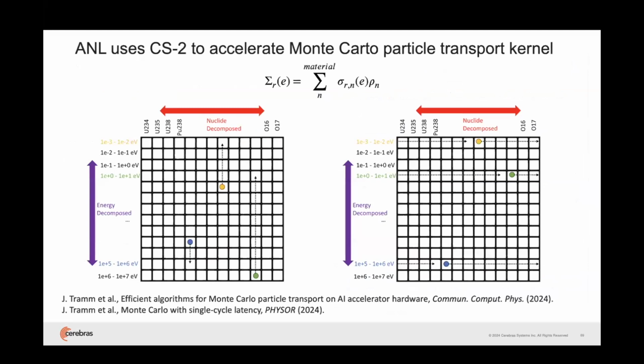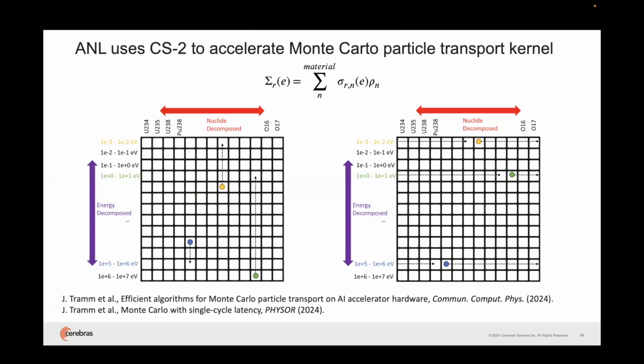So this is a neat application of thinking about how you take your problem and map it to the architecture. The key idea of this cross-section lookup kernel is that when you're doing a Monte Carlo simulation of particle transport for nuclear physics, you have some material that's composed of a bunch of different nuclides.